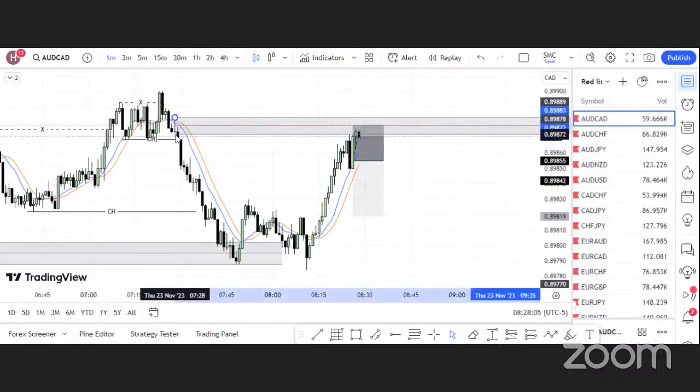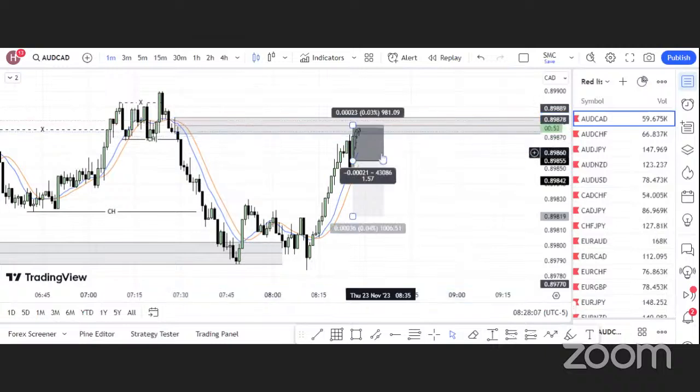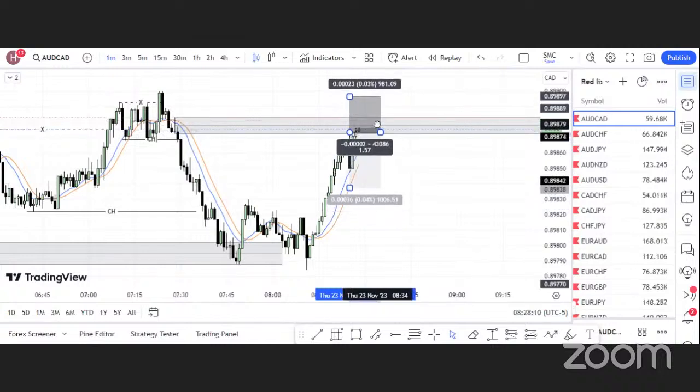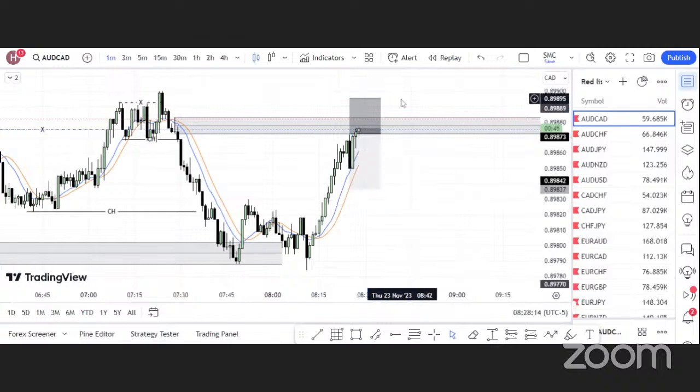So the reason why I'm not out of this trade right now, and why I'm still looking at this, is because we have this area. We have many areas here where the market can actually reverse from.